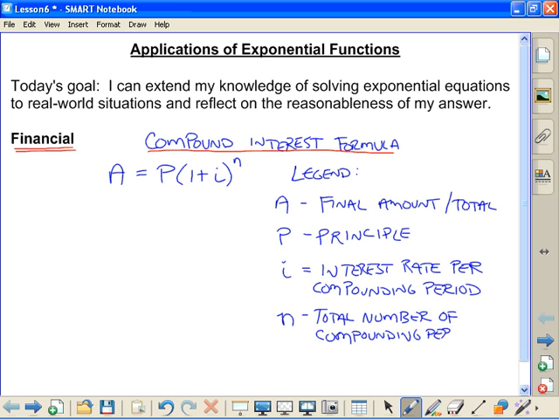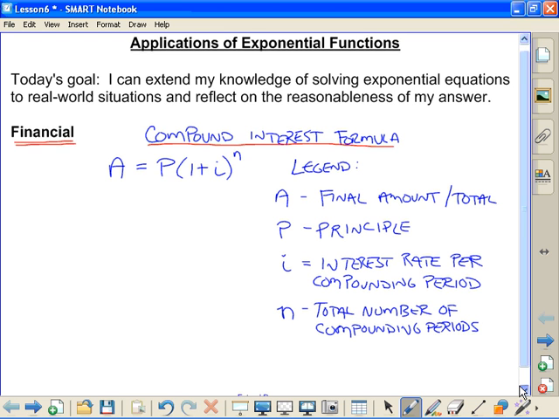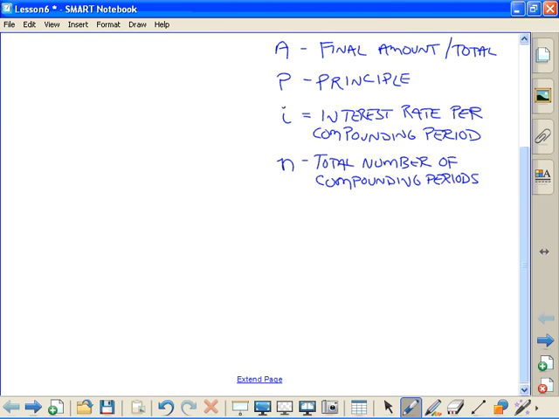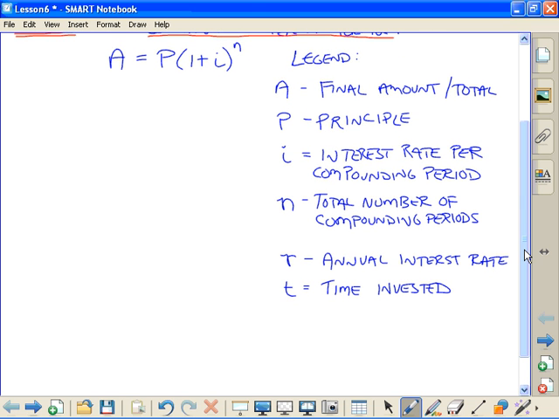And now I need to add on 2 more variables that don't even appear in the equation in order to do these questions successfully. So for example, R is not in the formula, but we need to know this because this is the annual interest rate. And the other one that's not here is small t, which is time invested. Okay, so how do they link together here?